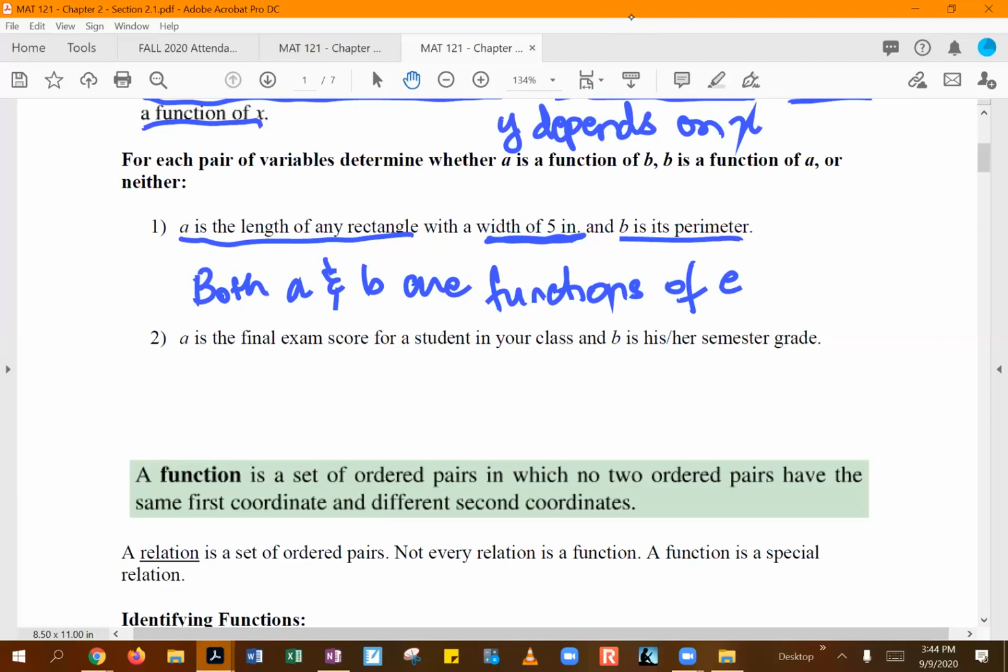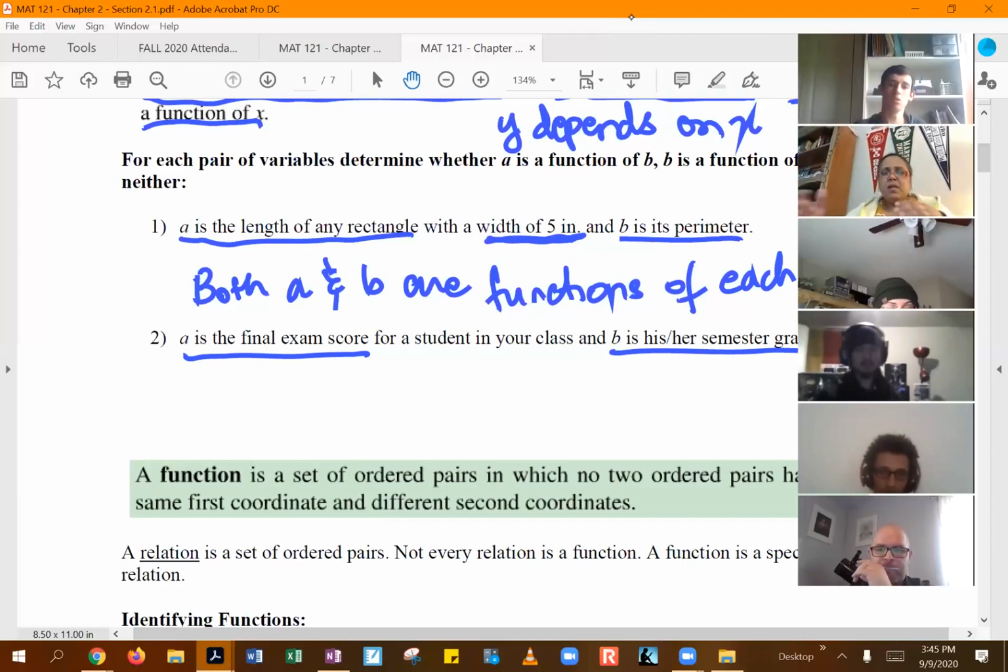Alrighty, and then with the second example here, we are defining A as being the final exam score for a student and B being their semester grade. So A is the final exam score, B is the semester grade. What can we say about the relationship between A and B? If we know the semester grade, can we calculate the final exam score?